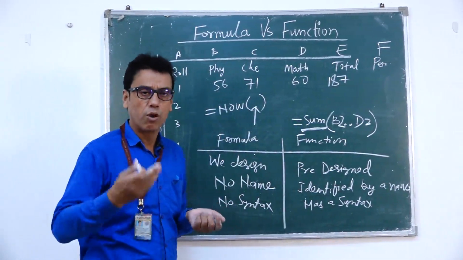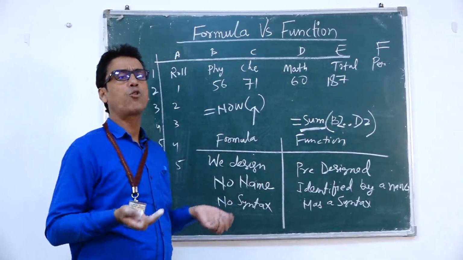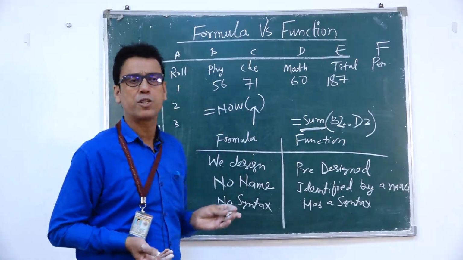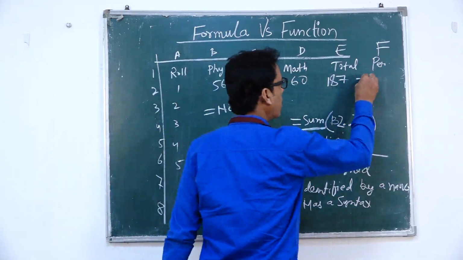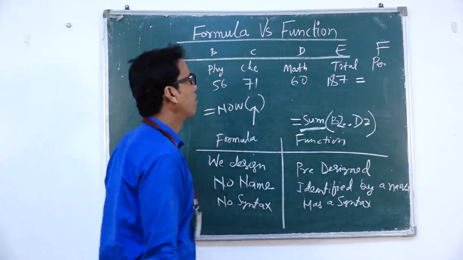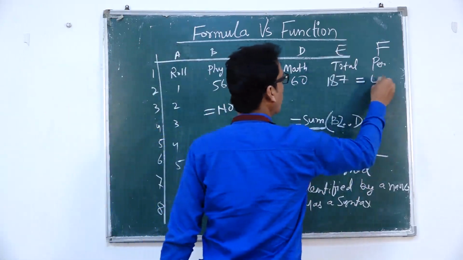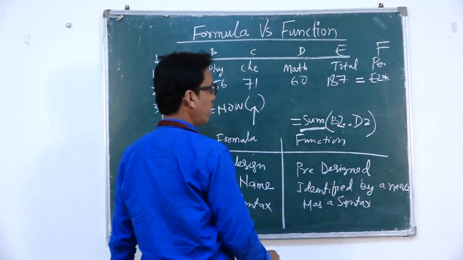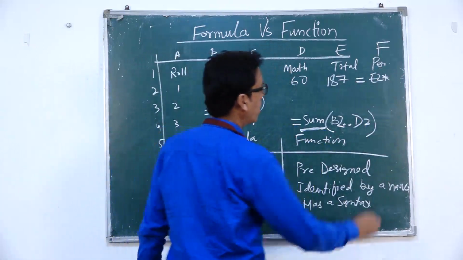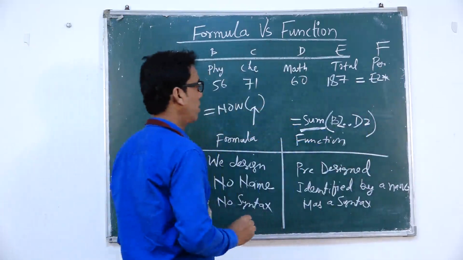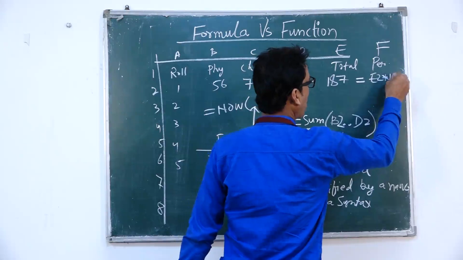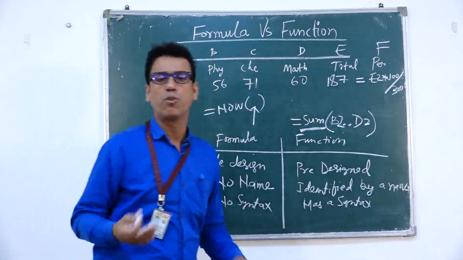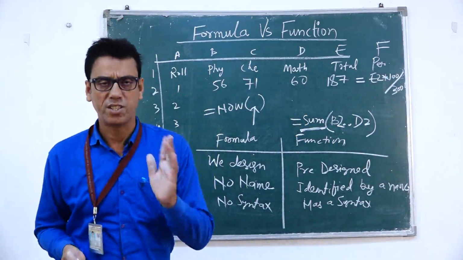I am doing that through a formula. We are totally free to calculate. We put the calculation equals E2 multiplied by 100 divided by 300. This is how we know to obtain the percentage.